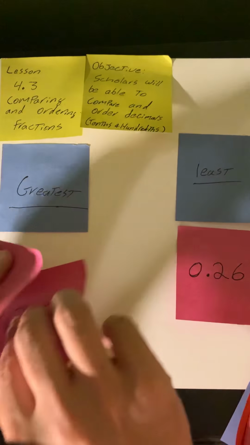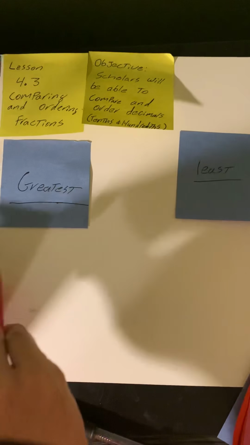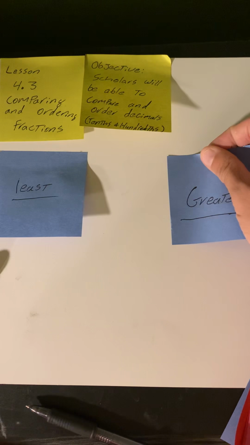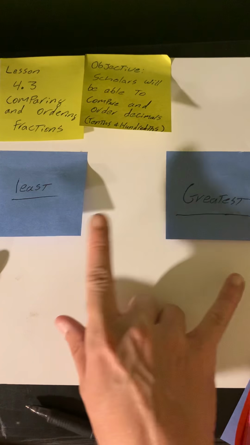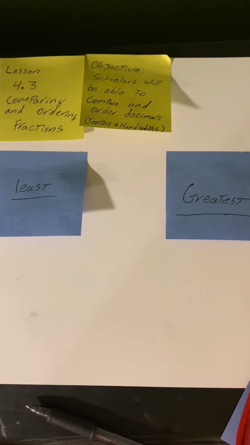For my next model, I want to model and organize my next 3 numbers from least to greatest. Okay? So my smaller number over here, my greater number over here. For this sequence, I have the following numbers.